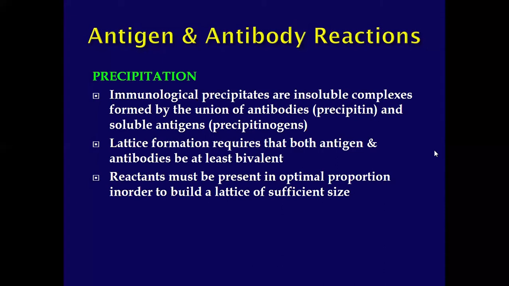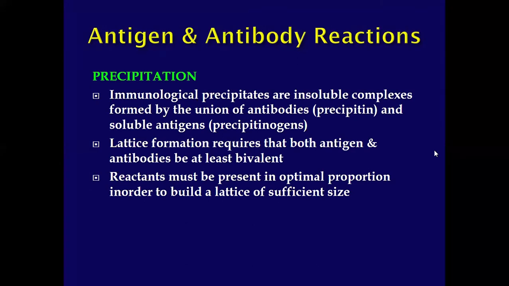If there is an excess of antibodies, there would be no reaction formed. If there is an excess of antigen, even with sufficient antibodies, your reaction will still not be visible.